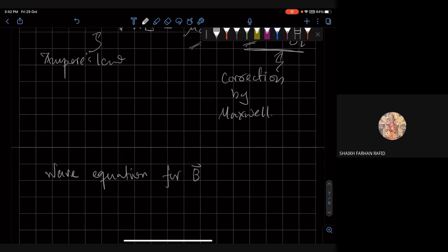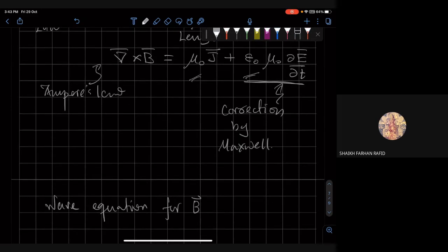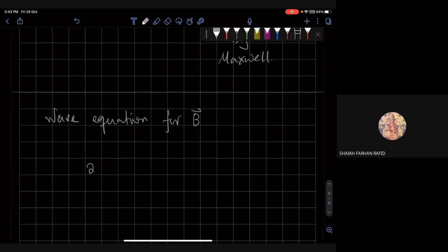Okay? So what I'm going to do is take one of these equations, this one, and take its time derivative. If I take its time derivative, then I get d by dt acting on the curl of E is equal to minus d squared B by dt squared.